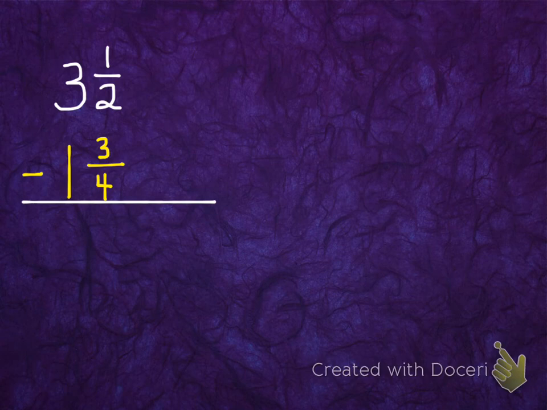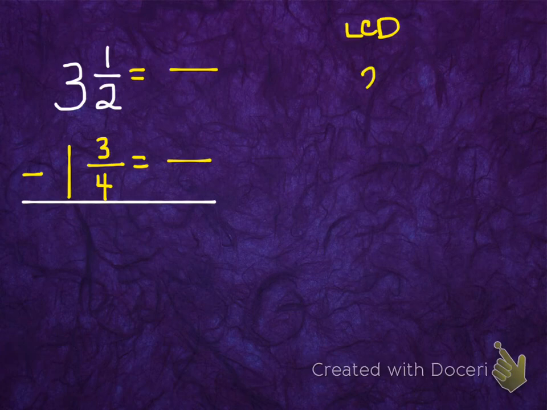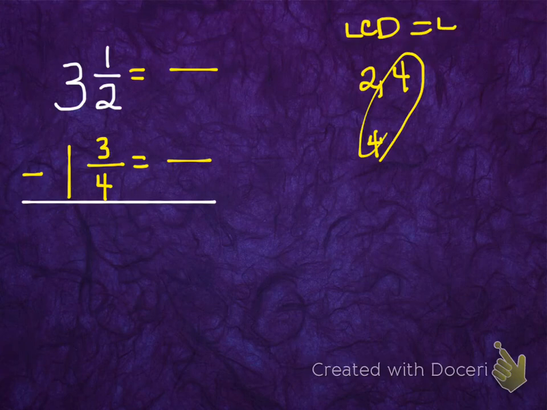Let's try one more. Here I've got 3 1/2 minus 1 3/4. So I need to find my lowest common denominator, and I've got 2 and 4. So 2 and 4 looks like 4 will be my lowest common denominator.